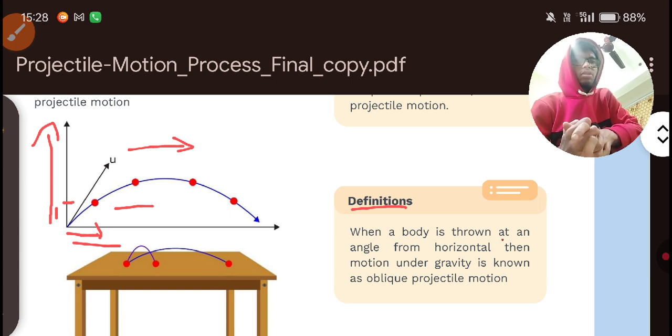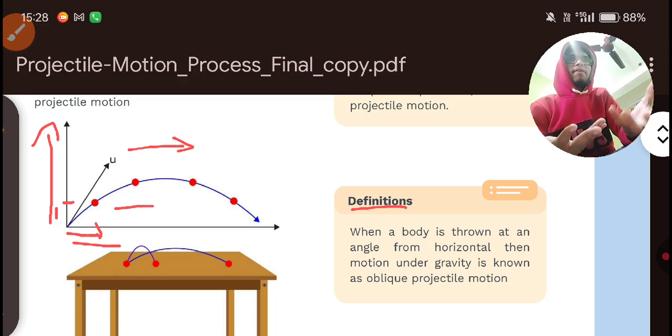In short, if projectile motion is happening under gravity at an angle, then we can call it oblique projectile motion. Here the word oblique is just added. That's it.